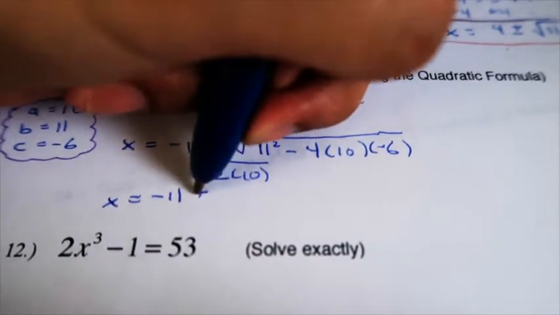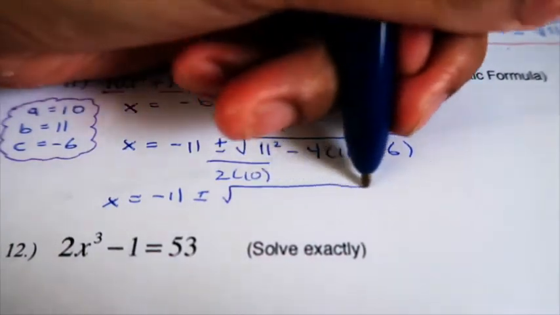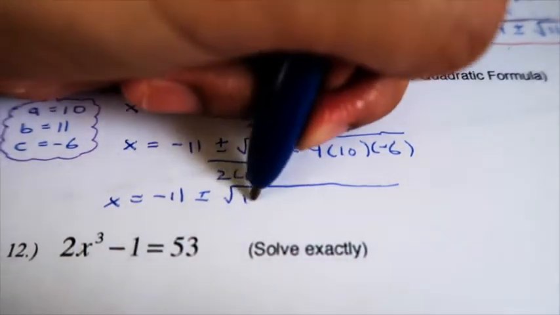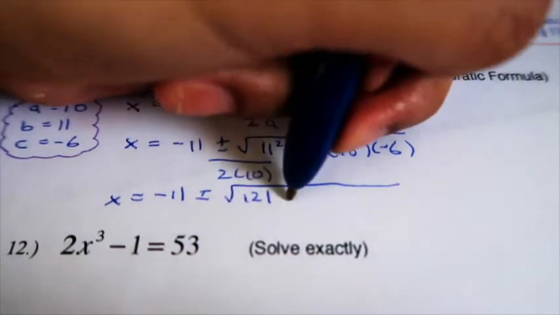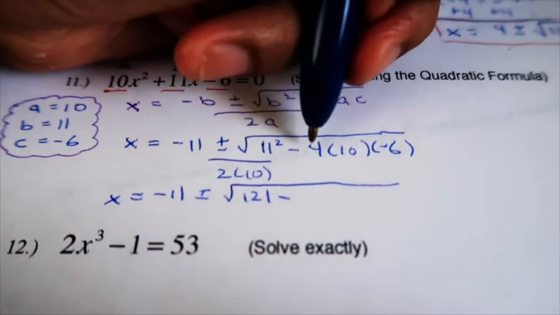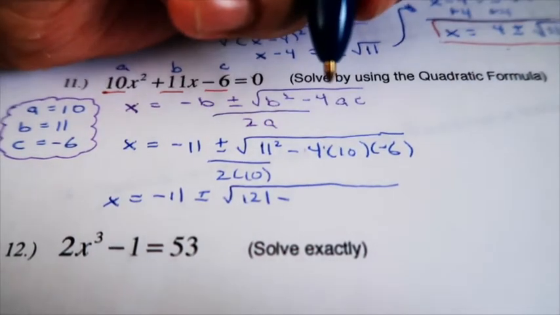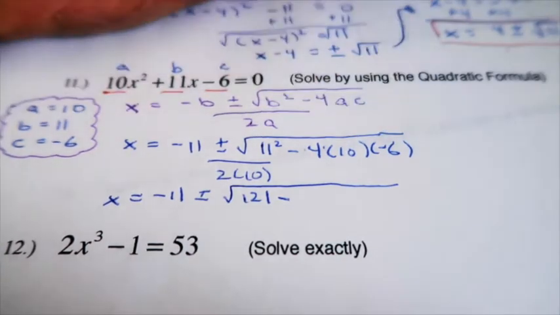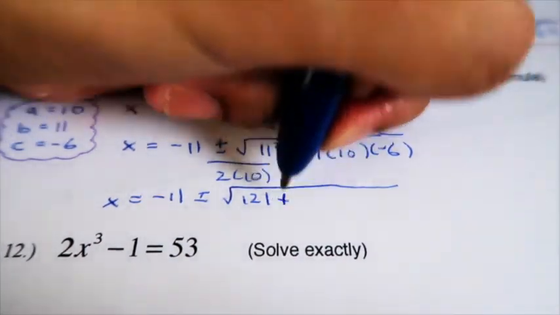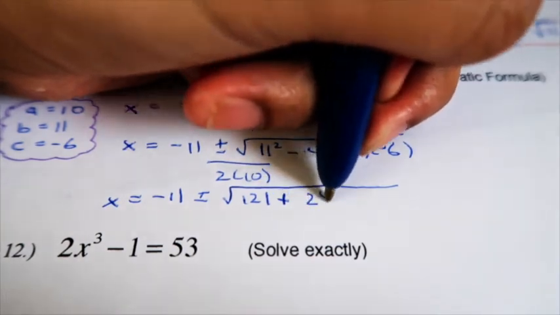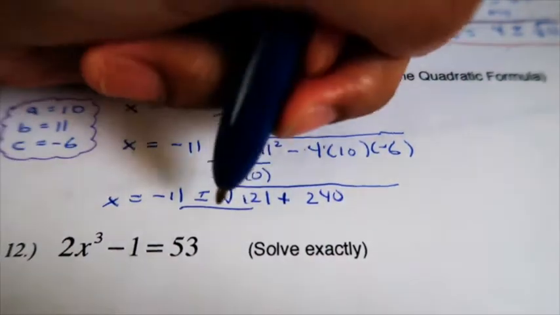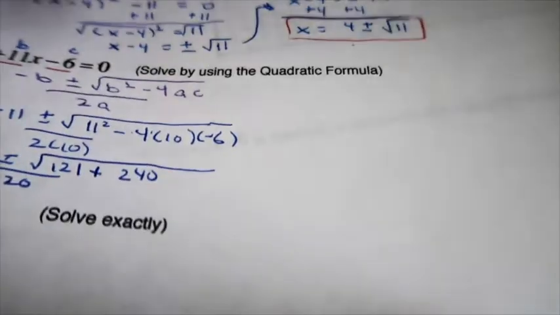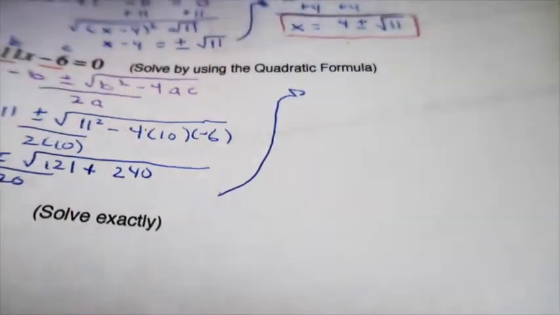Negative 11 plus or minus. So 11 squared is 121 minus 4 times 10, which is negative 40. Negative 40 times negative 6 is positive 240. So plus 240 over 20.